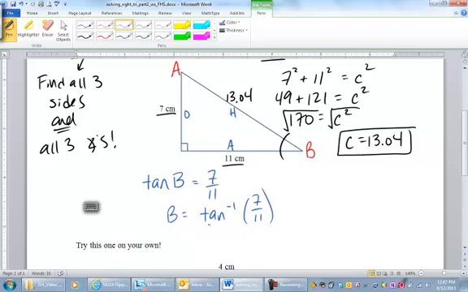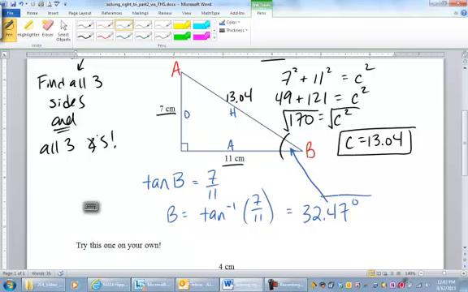Usually when you hit a sine, a cos, or a tan, your calculator will open up a parenthesis, so make sure the 7 and the 11 are inside the parentheses, and then close it on the outside. So when you inverse tan 7 divided by 11, close parenthesis, you end up with 32.47 degrees. And that's what goes right in there.